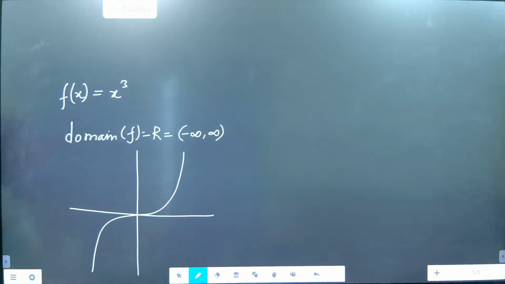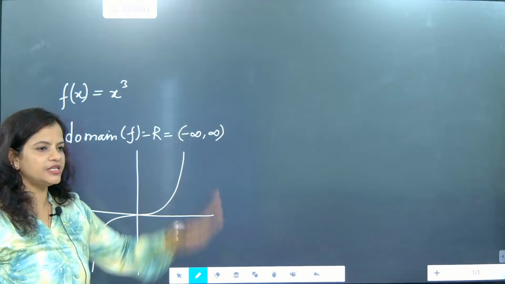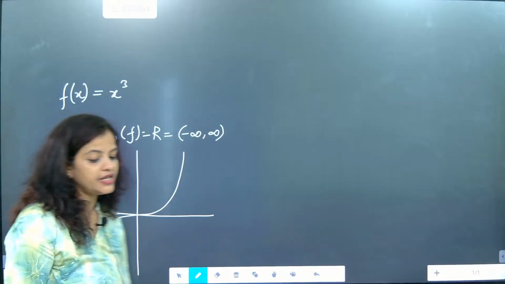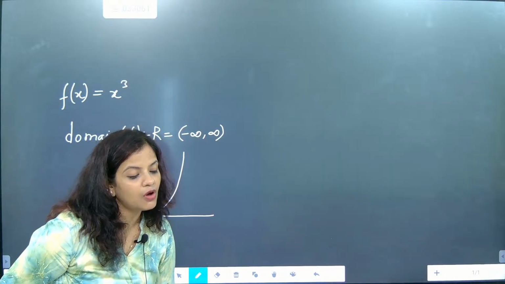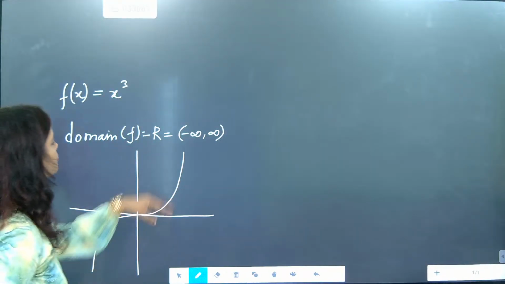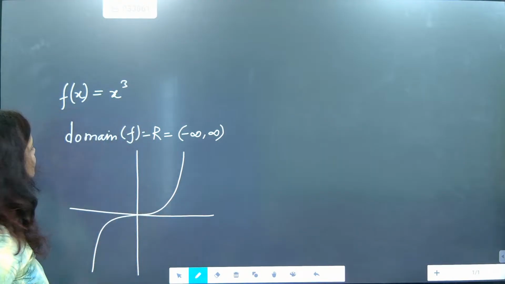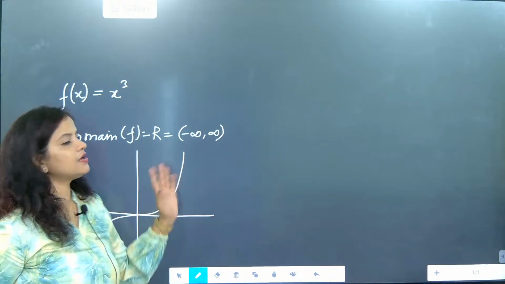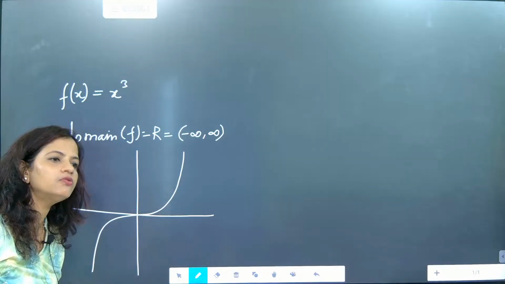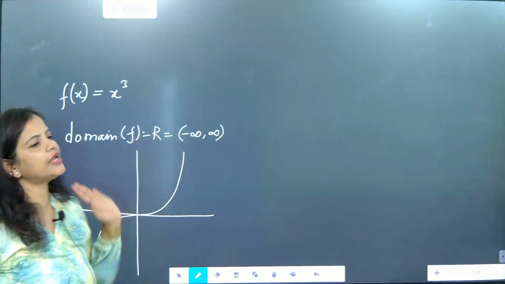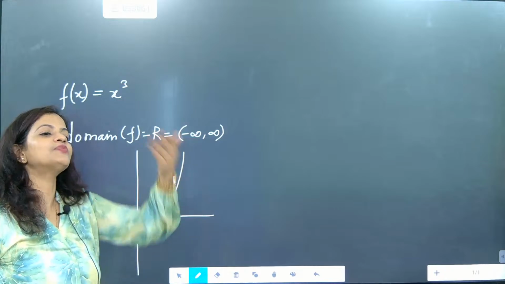Correct? So that means the value keeps on increasing. Exactly one thing we are seeing: neither maximum nor minimum. Between minus infinity to plus infinity, we are not getting any maximum value, nor any minimum value. The given interval is there, but in this interval it keeps on increasing.